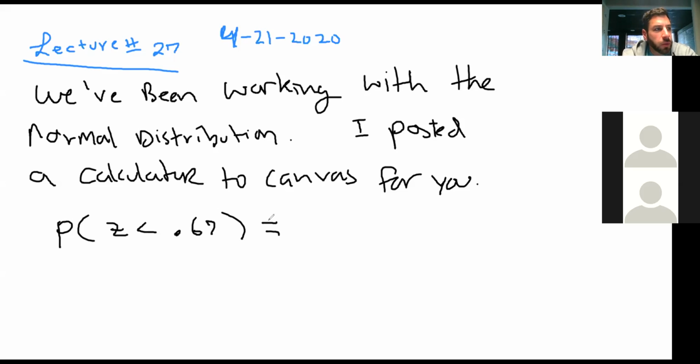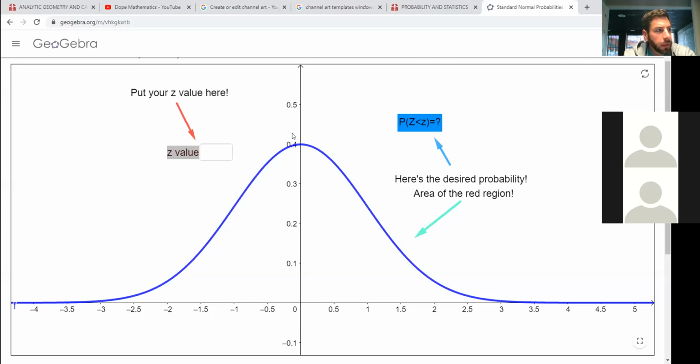If I want to compute this probability, there are a few ways I can do it. I can go on the internet and find a calculator, or I can look it up in the back of the book. What I decided to do is write this little applet if you want to use it. All you have to do is put your number here, 0.67, hit enter, and you'll see a couple things happen. First off, there's this area under the red region.